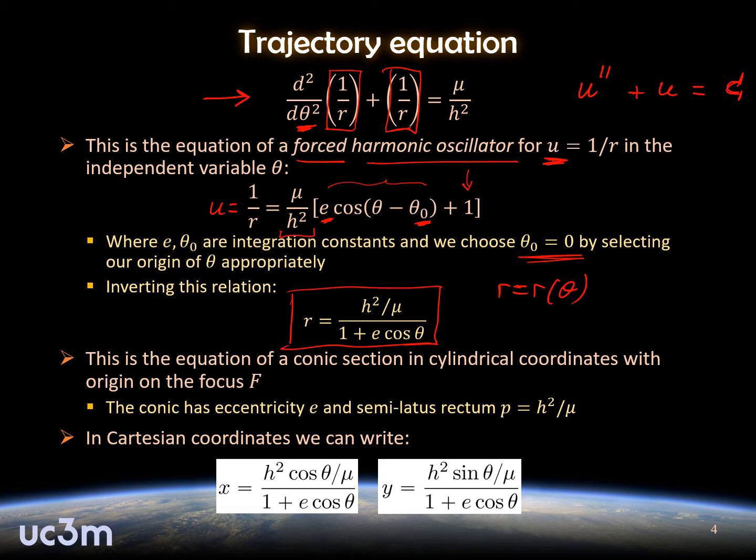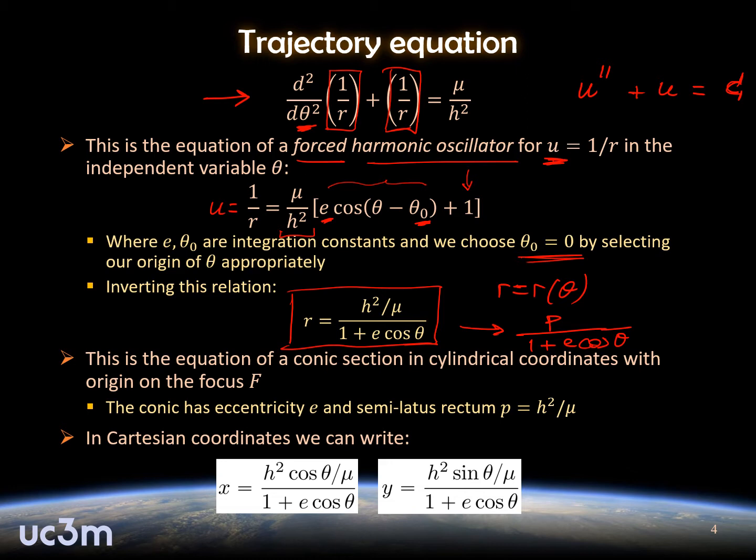Now, by examining this expression and comparing with known relations, we find that this is the equation of a conic section in polar coordinates with the origin at one of the foci of the conic section. And this is actually an equation that looks like this: p over 1 plus e cosine theta.